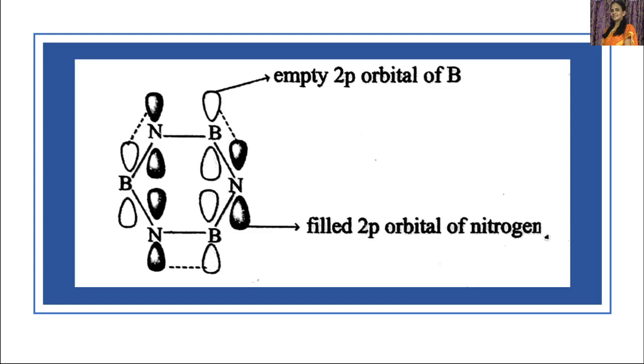The unhybridized p orbital on nitrogen has a lone pair of electrons, and the boron has an unhybridized, pure p orbital, which is vacant. This accepts a lone pair and this donates a lone pair. Thus, a dative bond is formed between nitrogen and boron. Like this, 3 dative bonds are present between nitrogen and boron in the borazole molecule.